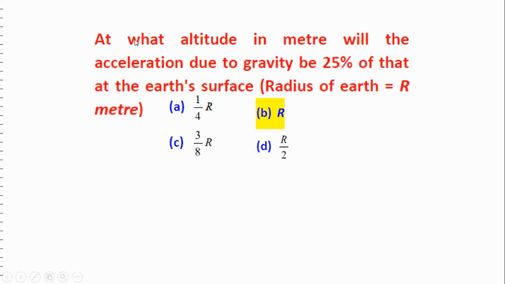At what altitude in meters will the acceleration due to gravity be 25% of that at the Earth's surface? Then at what altitude will it be? It means what height is to be calculated.